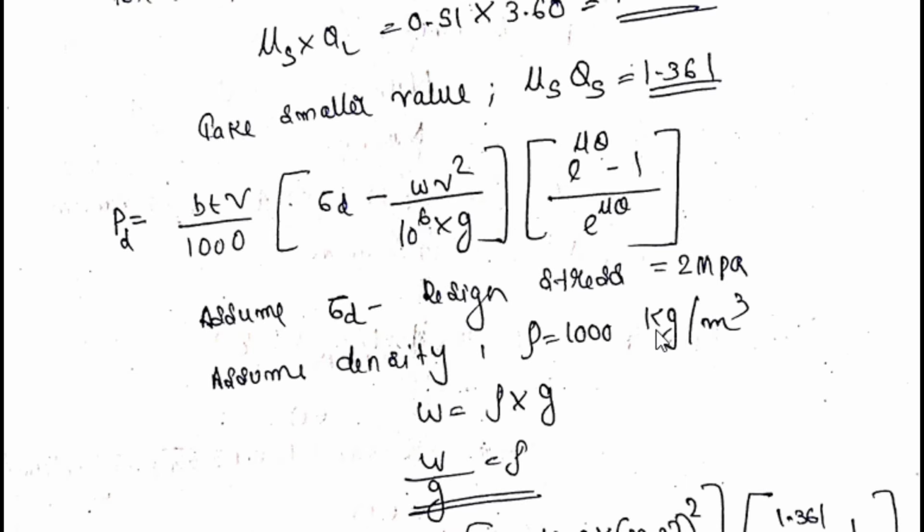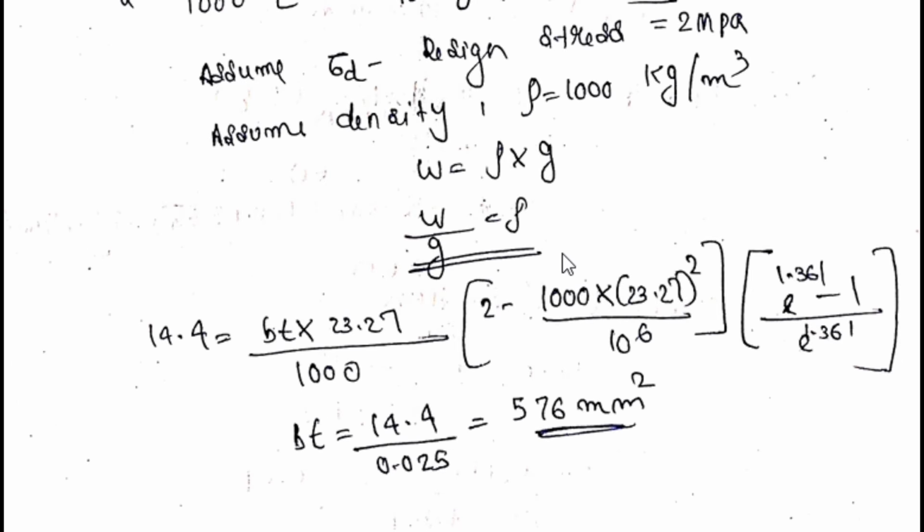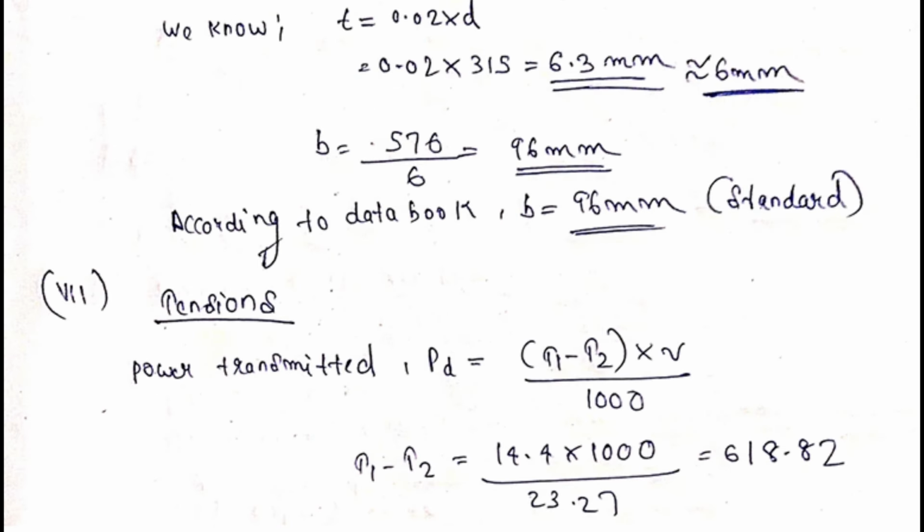Even if it's not given, just assume this value in all this type of problem. So all other things you substitute: the value of PD, design stress, and all other parameters, and you get the value of BT as 576 mm square.